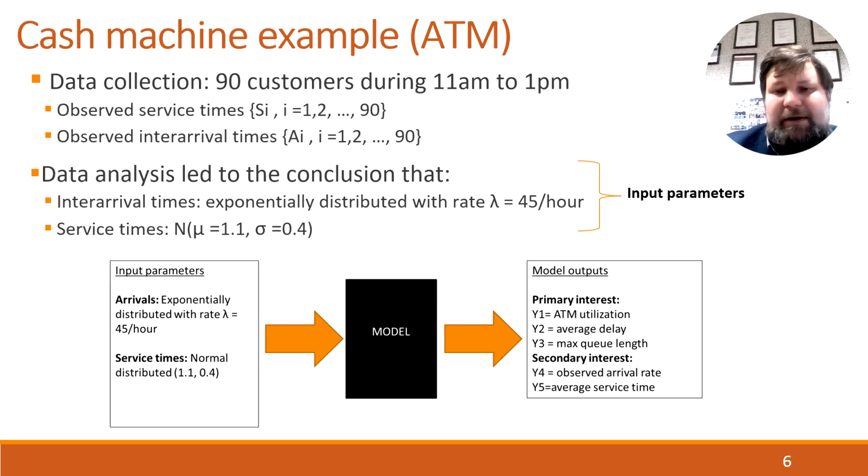Okay, so let's consider the following simple example, which we are able to understand and which we have discussed several times already. We are talking about a cash machine, or ATM system. Just to briefly remind you of the workflow, we have a flow of people who would like to get some service from the cash machine.